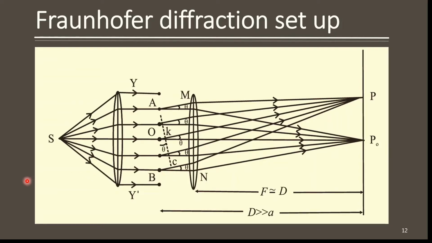These are incident on a diffracting element such as a slit, circular aperture, etc. If it is a circular aperture, S is a point source and the lenses are biconvex. If it is a linear element like a slit, the source is linear and the lenses are cylindrical, so that the focused image is linear. The emerging beam is incident on another converging lens that focuses the beam on the screen.